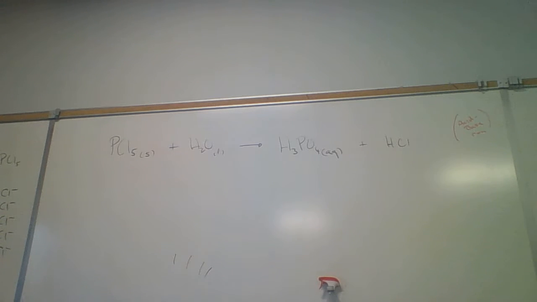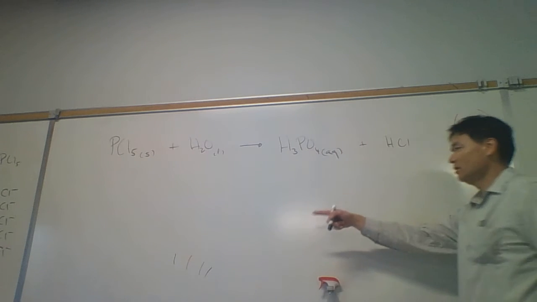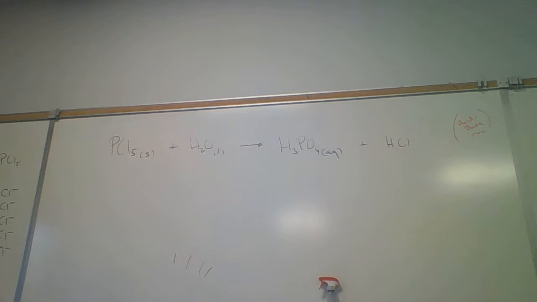That means phosphorus is what? 5. So when we look at this, did anything change for phosphorus in going from PCl5 to phosphoric acid? Did the phosphorus gain or lose any charge? No, because it started off at +5 on the reactant side, the left side, and it ends up at +5 on the product side.